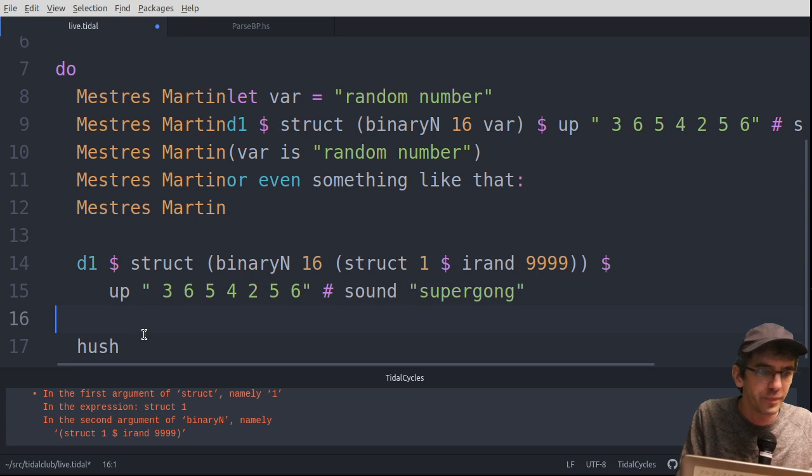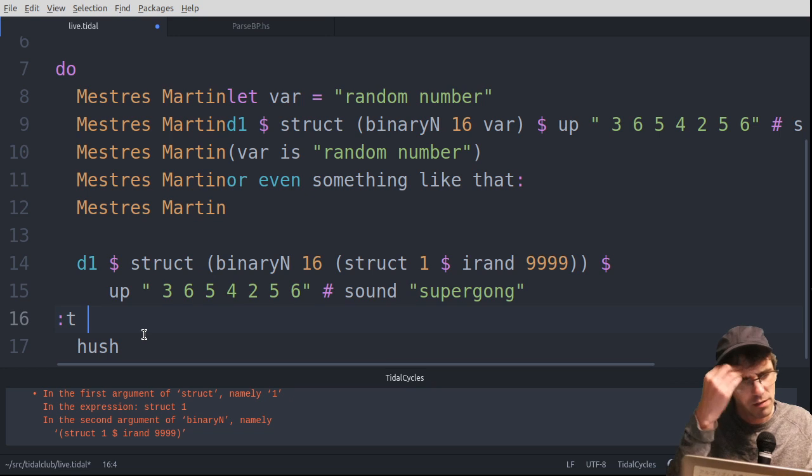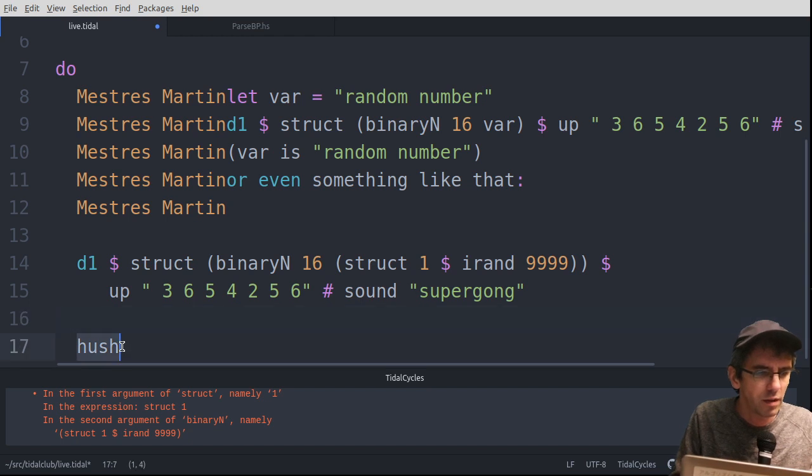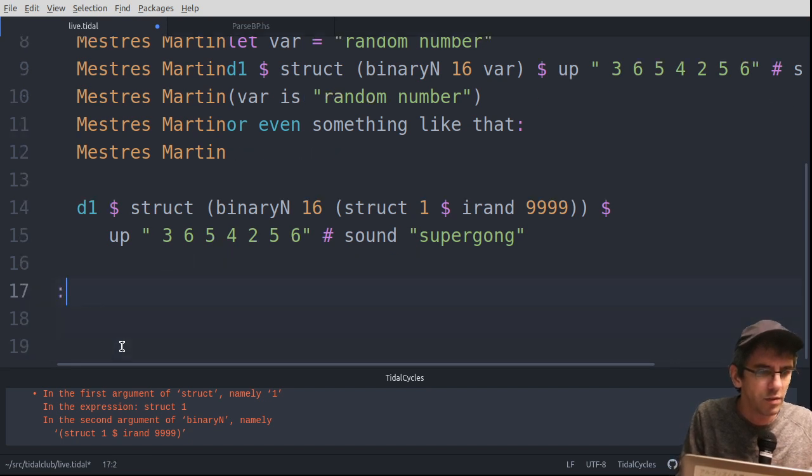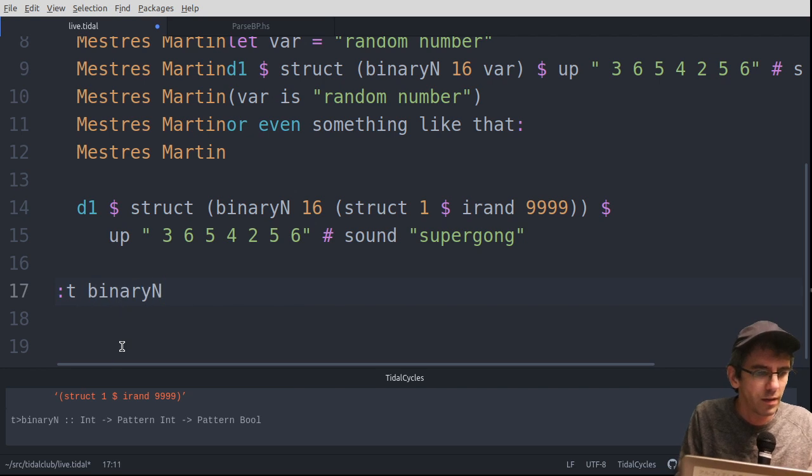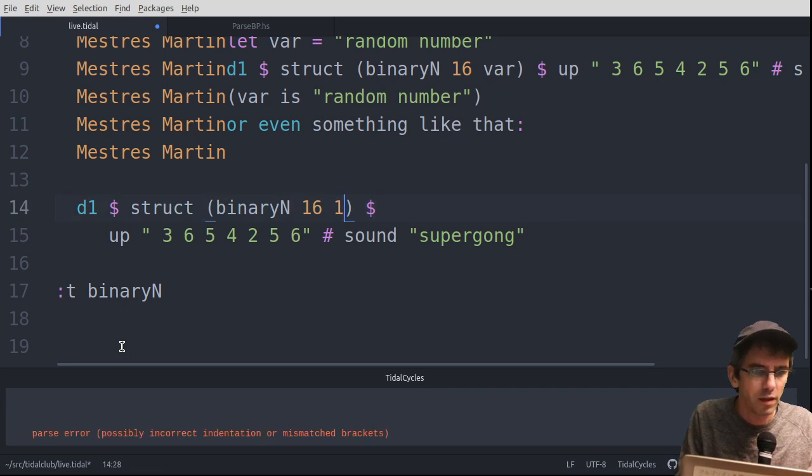Yeah. I'm not sure exactly what this is trying to do. I think it's trying to randomly create a binary pattern. Is that right? 16. But I don't know why it's not working really. So if I just put 1 here, I guess this would just be, yeah.